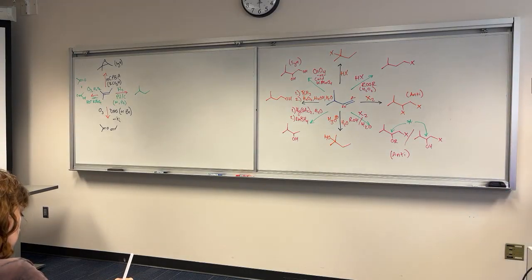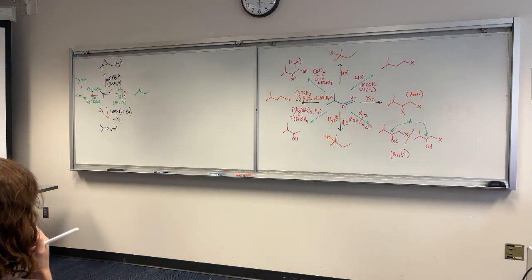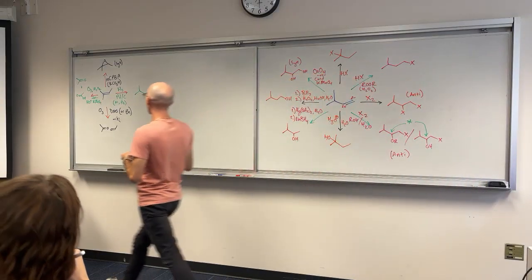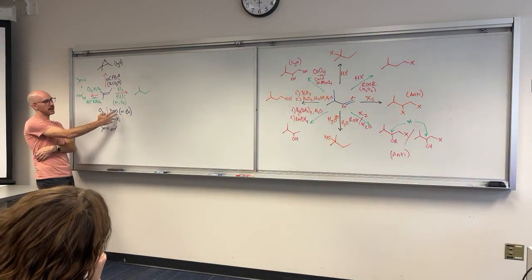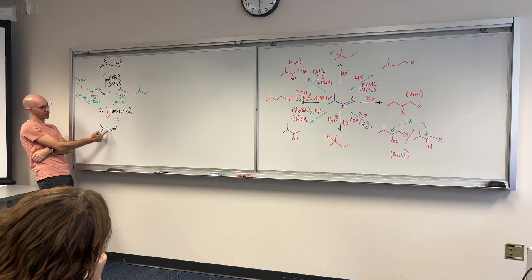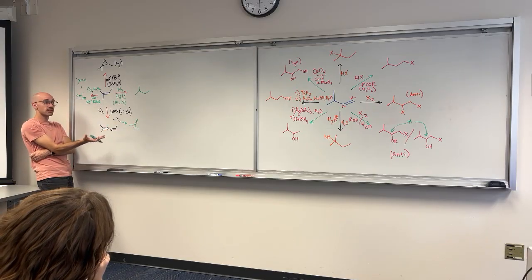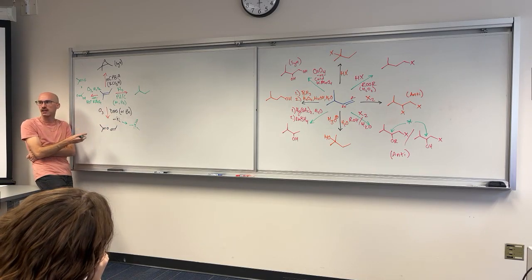Now the reason I drew DMS down below is because it makes Brett's favorite compound at the end. DMS or zinc, they take that third oxygen and they oxidize themselves into DMSO or zinc oxide.